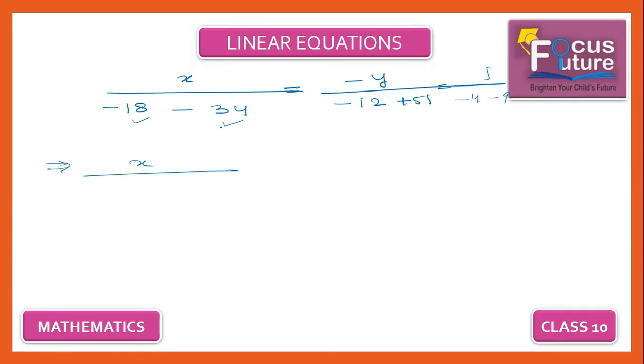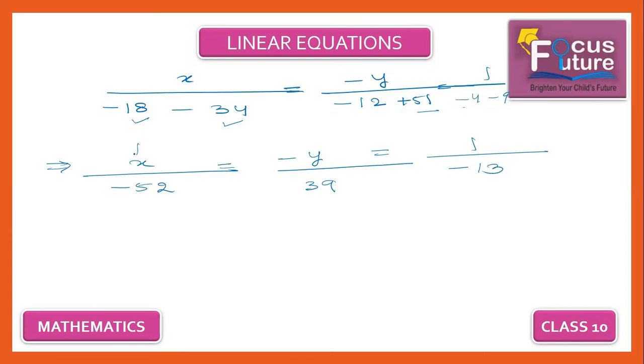What would be minus 18 minus 34? So this would be minus 52. Equal to minus y divided by what? 39. 51 minus 12 is 39 equal to 1 divided by what? Minus 4 minus 9 is minus 13.